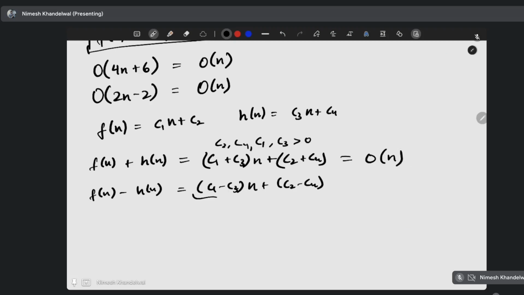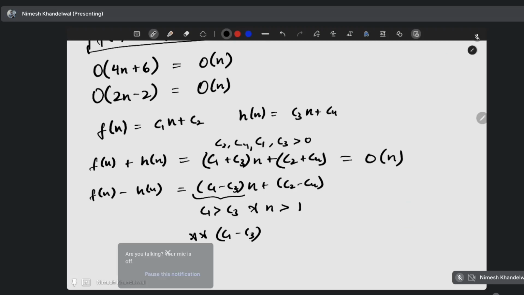But here we just have to consider c1 greater than c3, so c1 minus c3, and for n greater than 1 and c1 minus c3, of course greater than c2 minus c4, right?